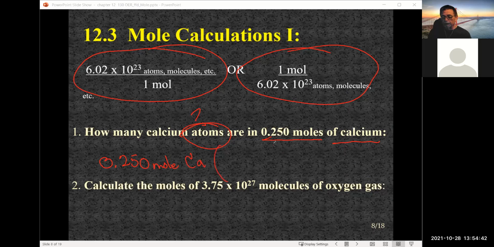Obviously, we're going to have a conversion factor here, and we're going to need to get to atoms of calcium. That is what we're searching for with respect to units. Now, since we start off in moles, that means the conversion factor I'm going to use has to have moles in the denominator because I want my moles to cancel.